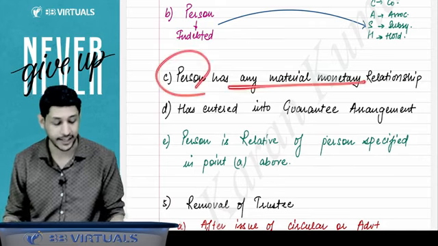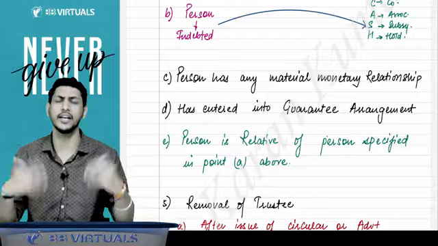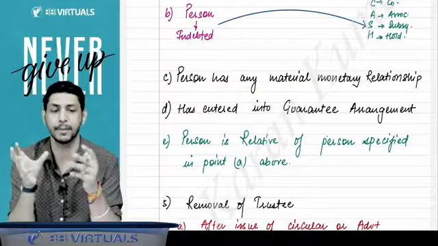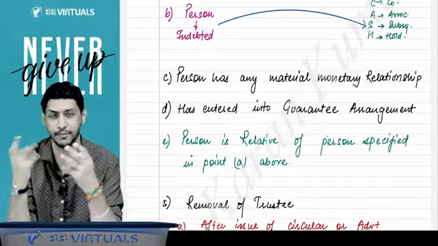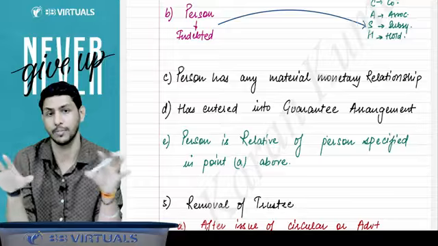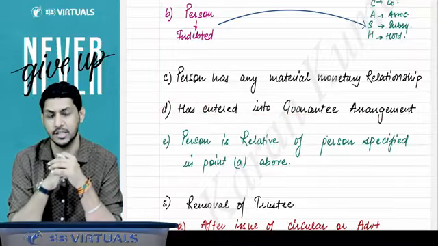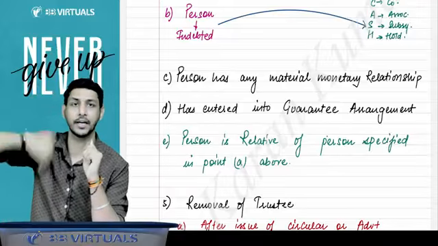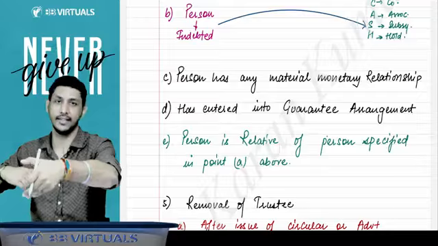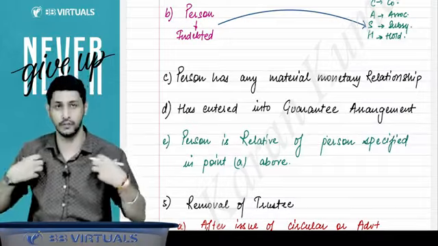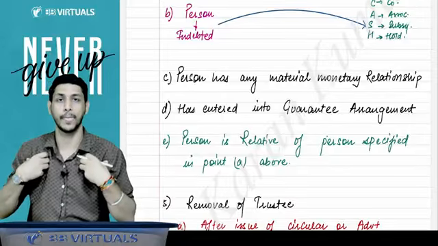Or the person has any material monetary relationship. Now, whether any limit is there? No, there is no such limit. You have to understand case to case: if that person has any material monetary relationship with the company, then that person cannot be the trustee. Or that person has entered into a guarantee agreement or guarantee arrangement. For example, the company has accepted deposits and that person is the guarantor, saying I am giving a guarantee that if the company does not repay the amount, I will repay it.